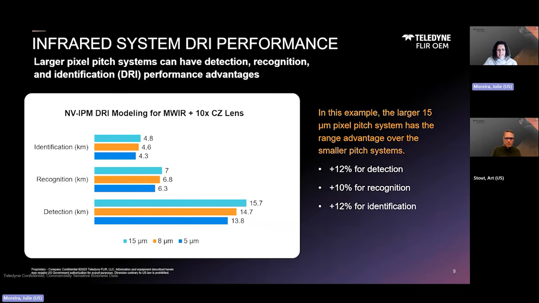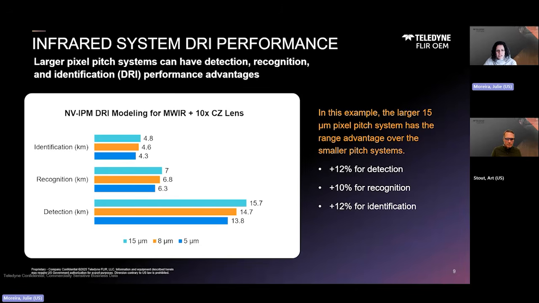Continuing the 10x zoom lens design example, the performance of 3 systems can be modeled. For these results, a target critical dimension of 3.1 meters and a target temperature variation of 4 Kelvin, so reasonable inputs for an NVIPM model, were used. A typical degradation and optical aberration MTF for the F18, F29, and F55 optics were used.